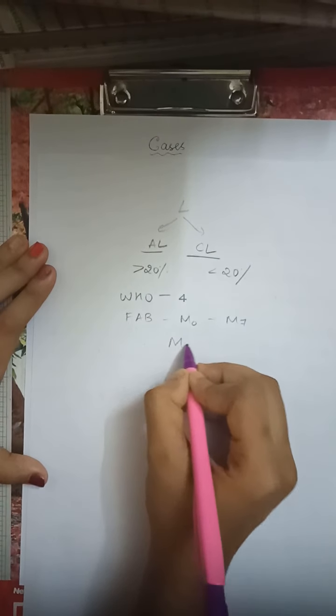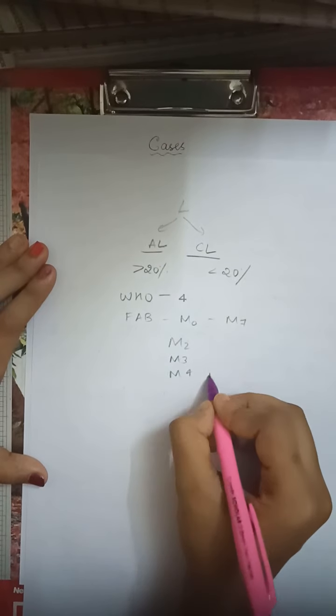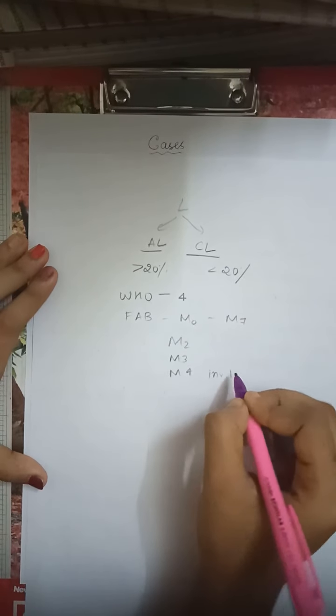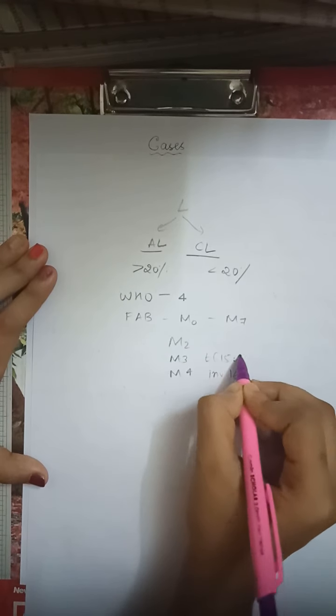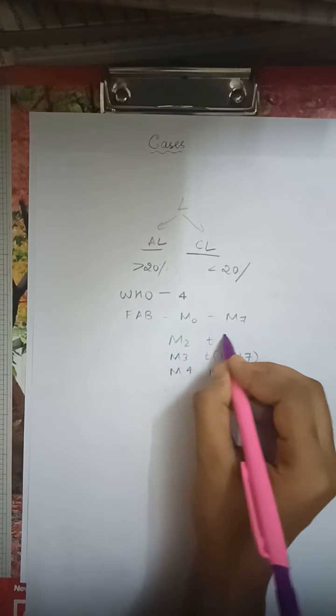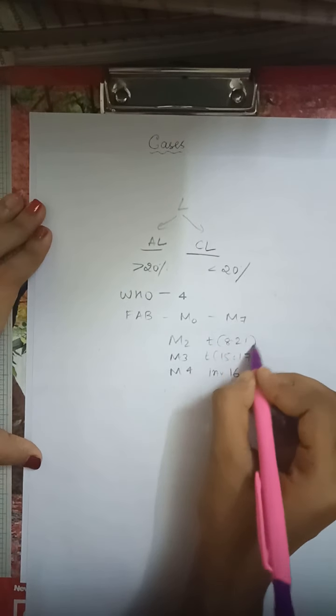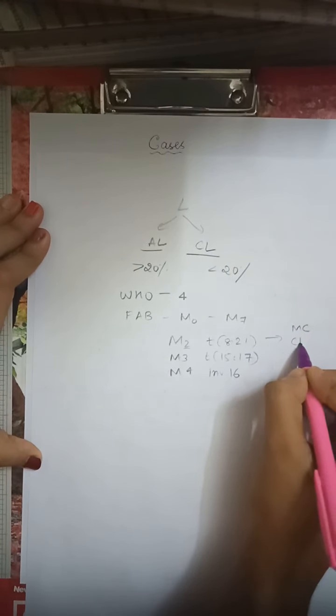In that, AML M2, M3 and M4, we knew the translocations: inversion of 16, translocation 15-17, our favorite one, that was promyelocytic, and M2 was translocation 8;21. And I told you it is clinically most common, and it also causes chloroma.